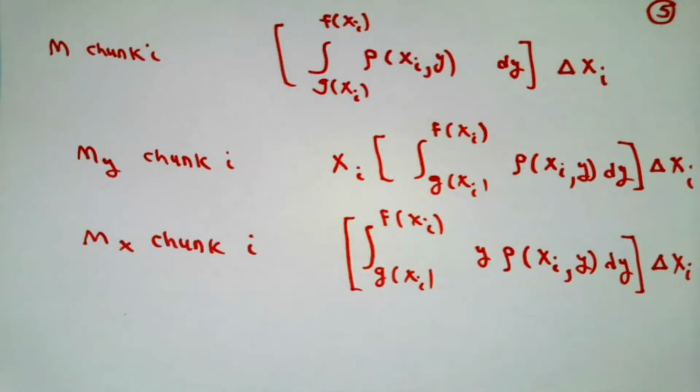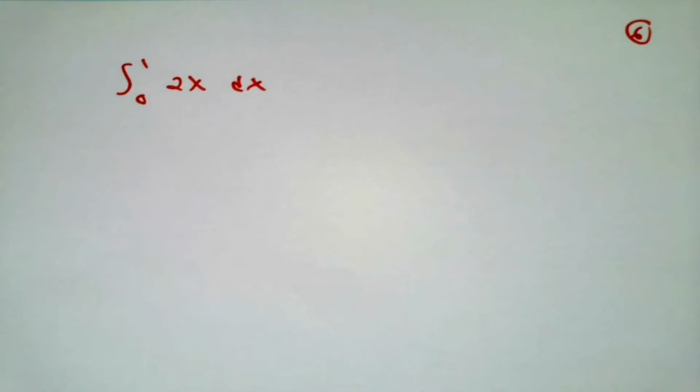I need to elaborate on that a little bit because it's an important point. If somebody asked me, does that integral depend on x? My knee-jerk response, if I don't think about it very much, is to say, well, sure it does. It has an x in it, but that's wrong. The answer is 1. The integral from 0 to 1 of 2x with respect to x is 1. There's no x in 1.